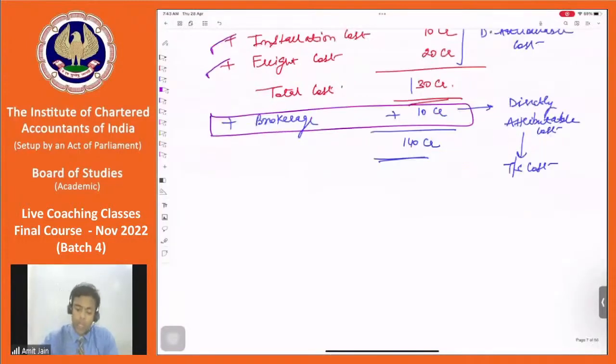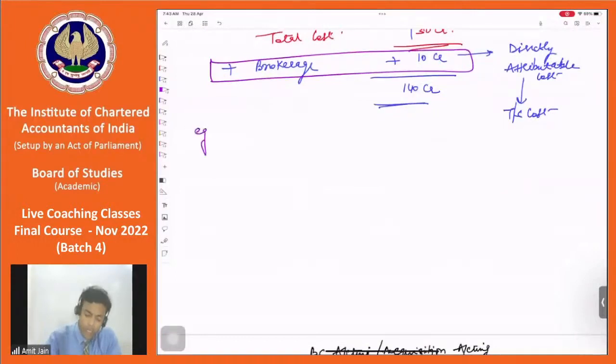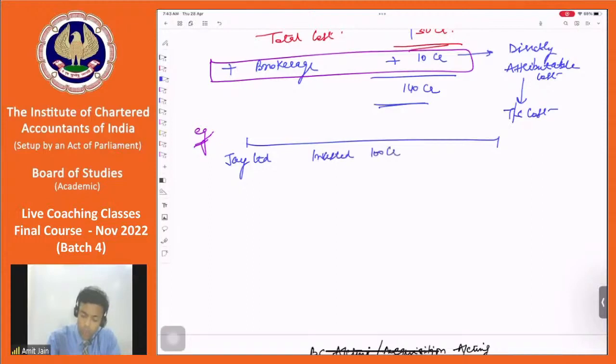Now just say I take another example. What is the example? J Limited purchases, or J Limited invested 100 crores in shares of Reliance Limited, and J Limited has incurred a transaction cost, or I should say brokerage cost, of rupees 10 crores.